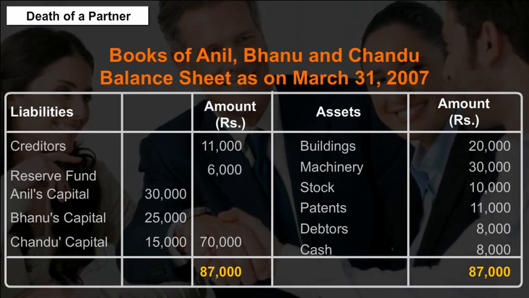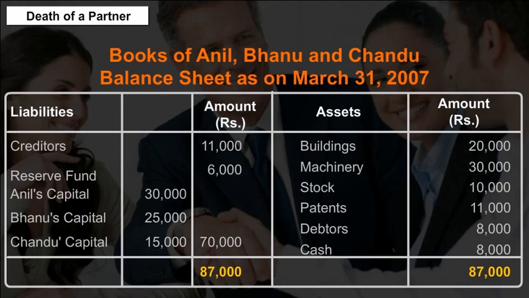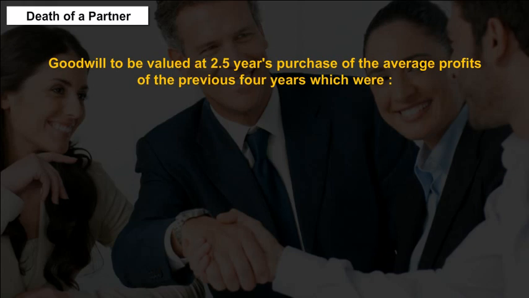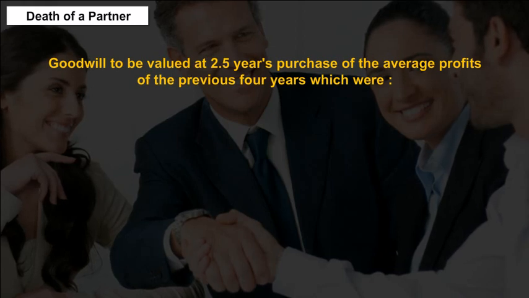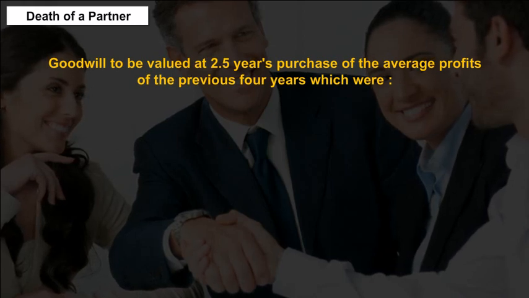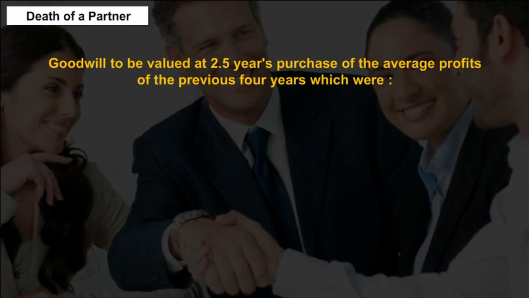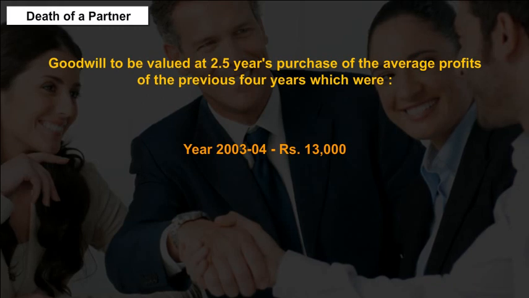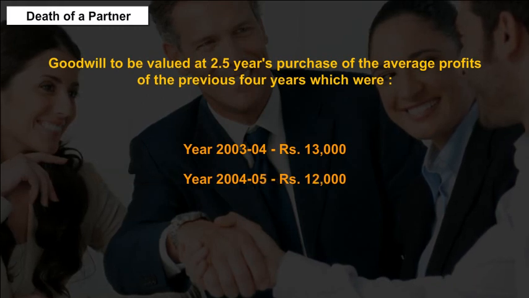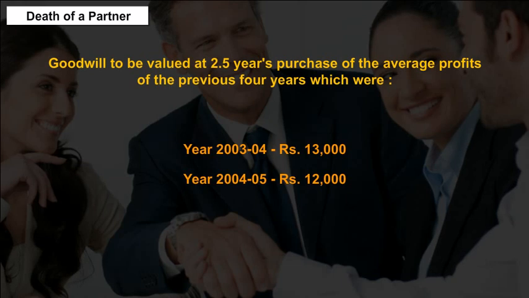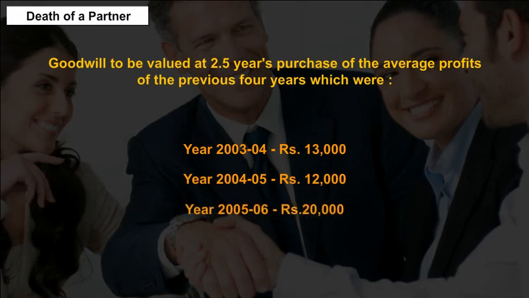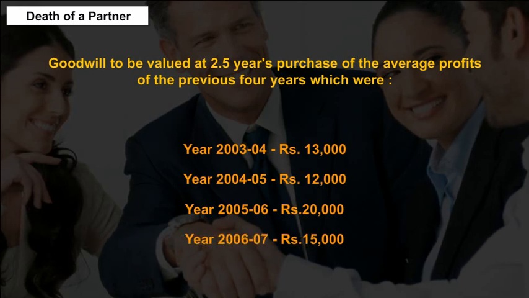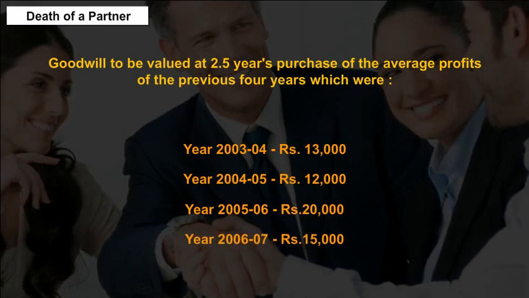It was agreed between his executors and the remaining partners that: A. Goodwill to be valued at 2.5 years' purchase of the average profits of the previous 4 years, which were: year 2003-2004, Rs 13,000; year 2004-2005, Rs 12,000; year 2005-2006, Rs 20,000; year 2006-2007, Rs 15,000.